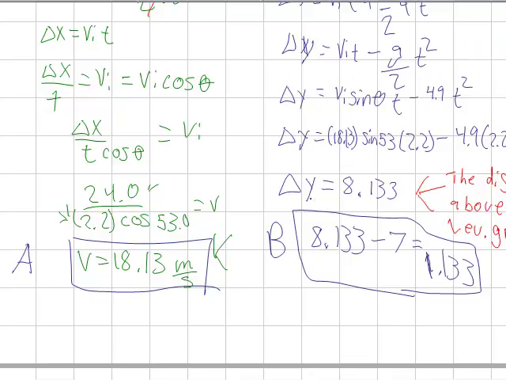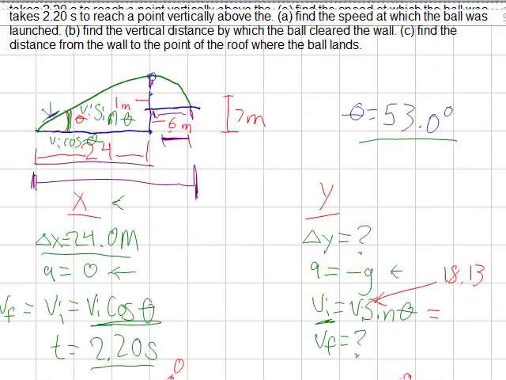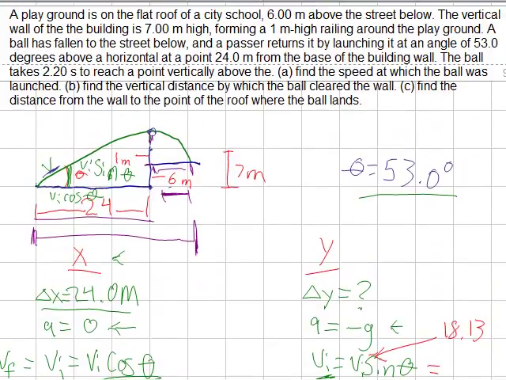Which would give us this. But this is not our answer, since this is the distance above the level ground right here. What we're trying to find is the distance from here to here.